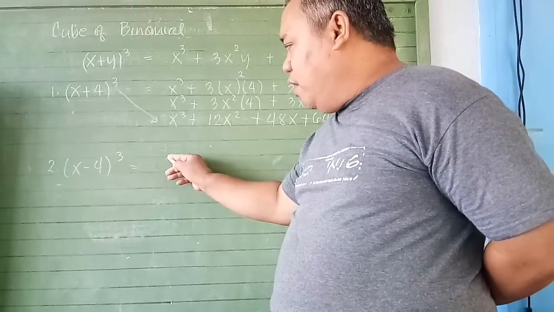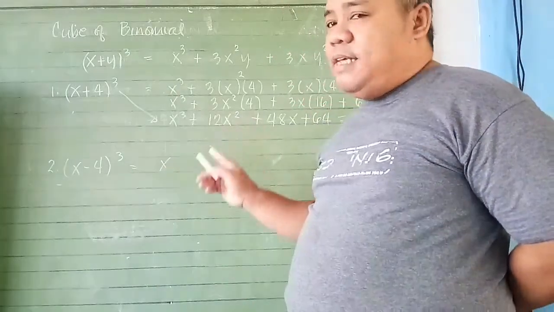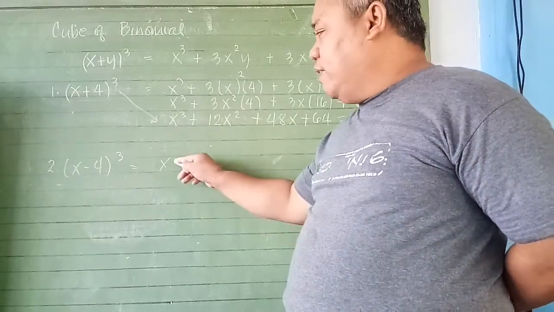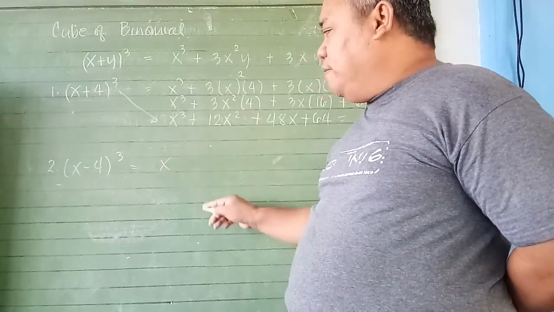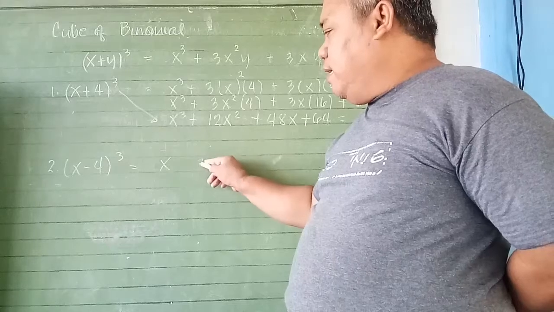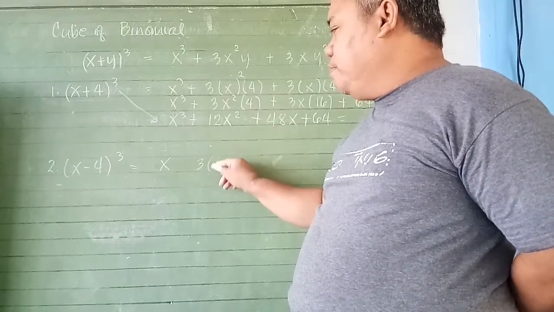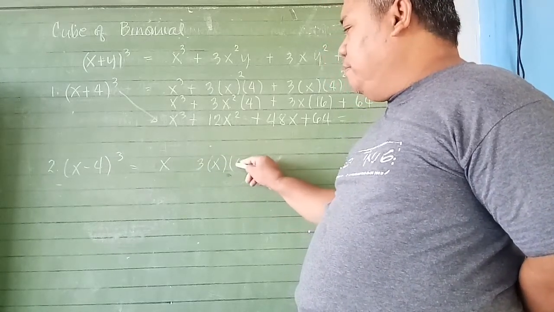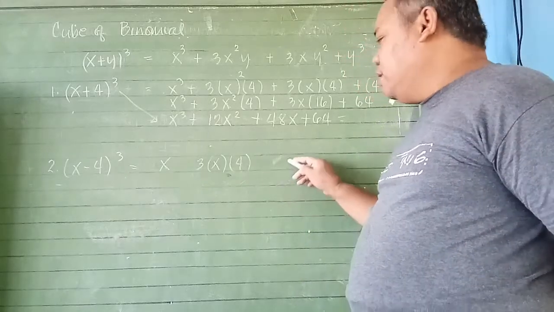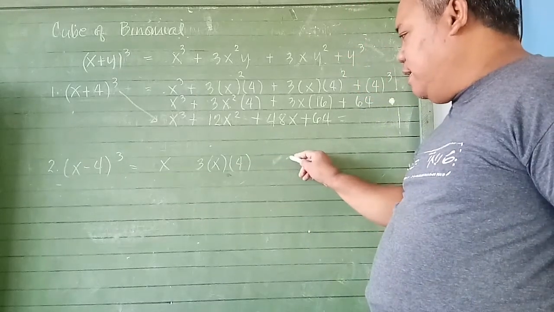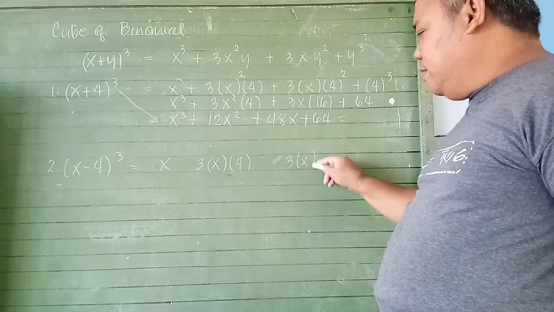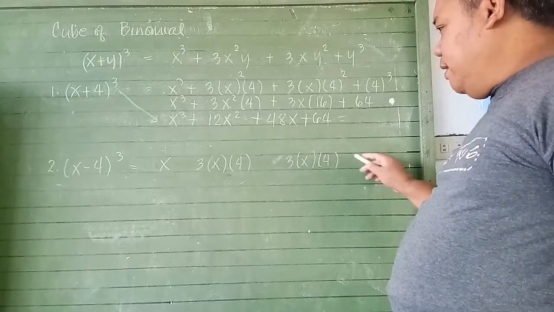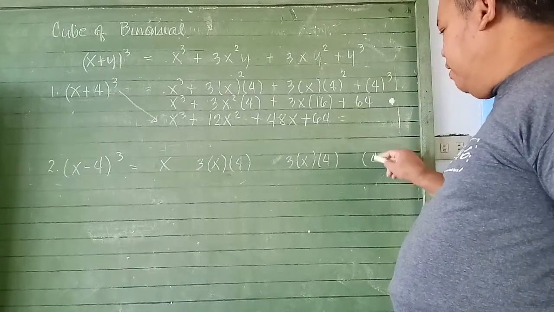So again, we write down all x, then since I said it's alternating, so negative x muna x, then this is 3, first term, then second term, tapos kopyahin mo lang yan, 3, then x, then 4, then last term should be 4.